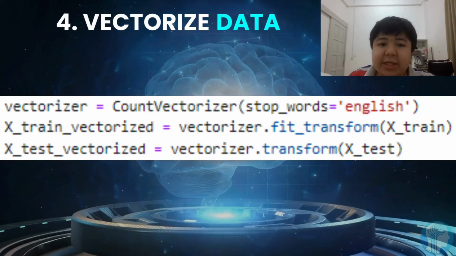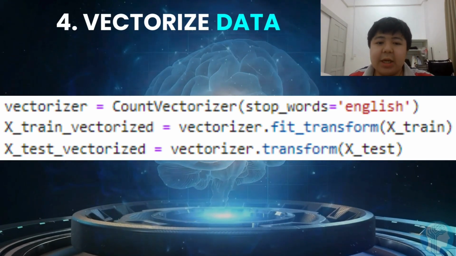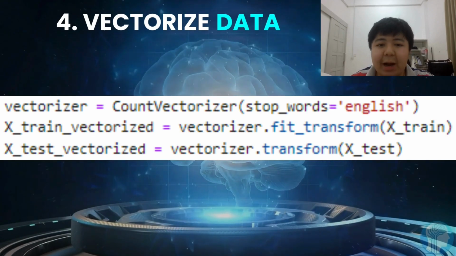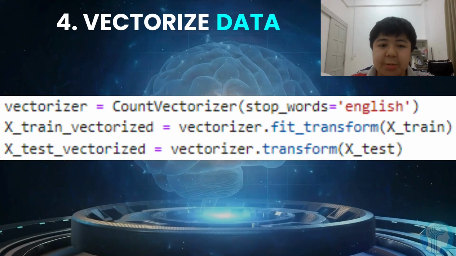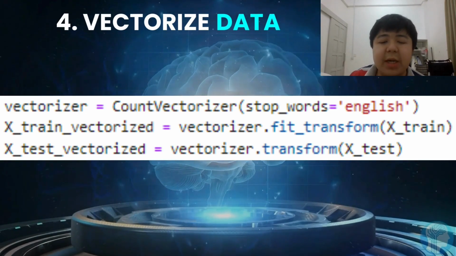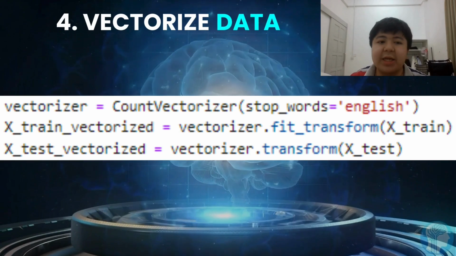Then we vectorize the text data using CountVectorizer. It converts the text data into matrices that can be read by our machine. Inside the CountVectorizer, we also use stop words to remove excessive words such as "the", "is", "in" to reduce the noise in our data.